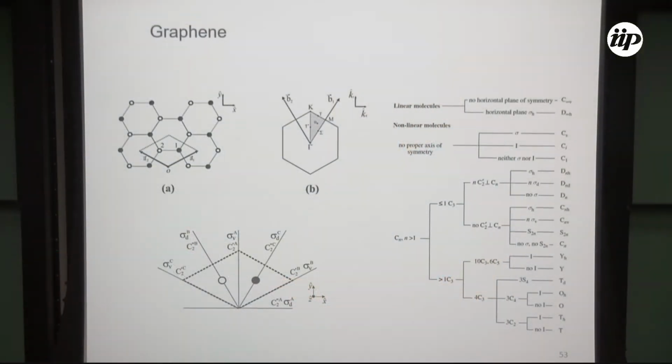Okay, so let's see here. This is the crystal lattice of graphene. I put two different atoms here, but the atoms are all carbon atoms in graphene, so they should be the same. This is the first Brillouin zone. It's also hexagonal.